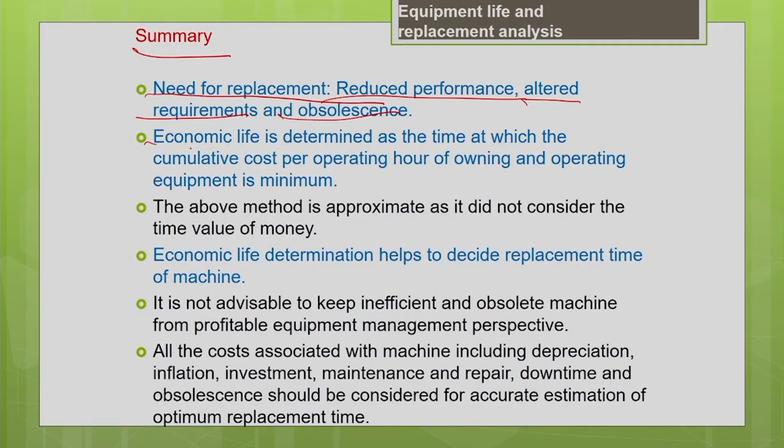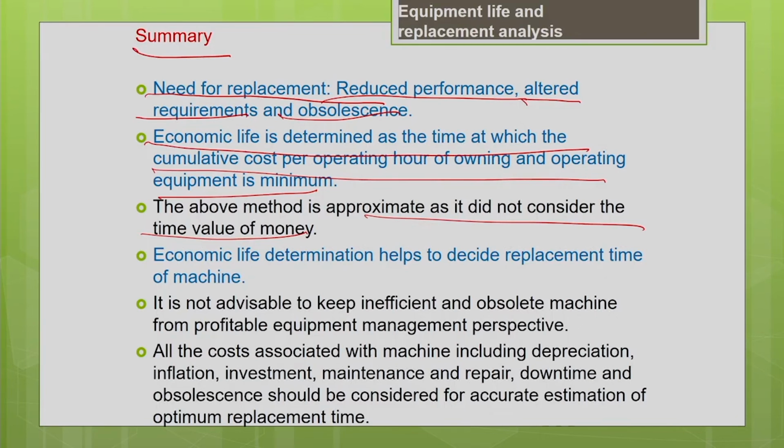So economic life is the time at which the cumulative cost per operating hour of the machine is minimum. That is what we have discussed. One thing we have to note here: though we consider most of the costs associated with the machine, what we have missed in the previous analysis is that we did not consider the time value of money. When you don't consider the time value of money, obviously your cost estimate or decision is going to be only approximate.